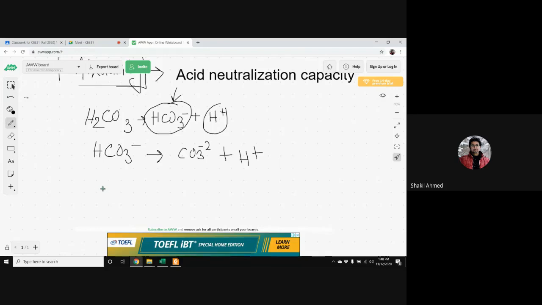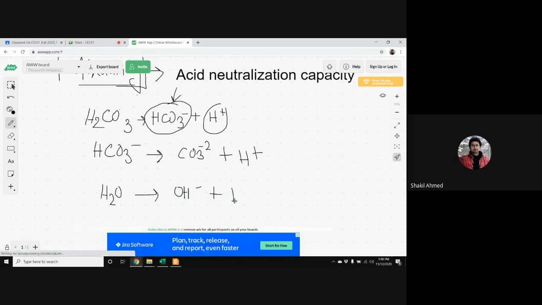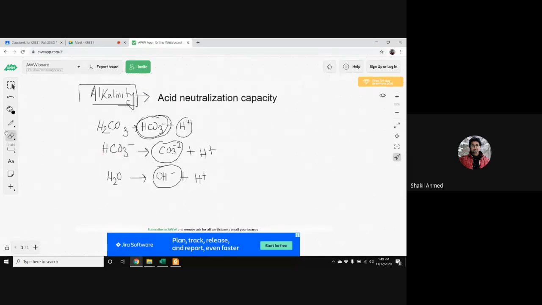Basically, if the pH is higher, we get hydroxyl ion and hydrogen ion. So these are the species which cause alkalinity in water. Clear?